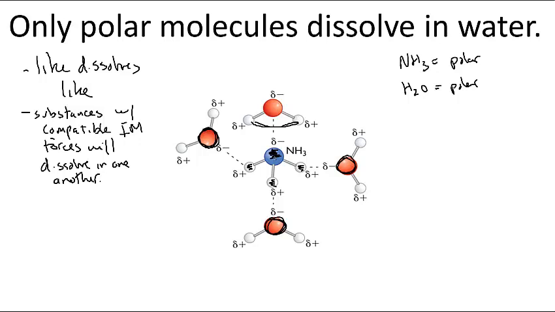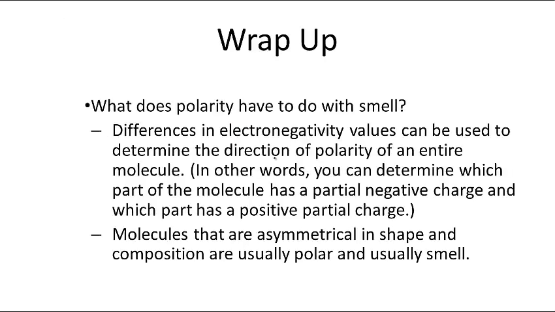So basically, the water molecules sort of surround the ammonia, and because they have partial charges, they have something to be attracted to. The water molecules can attract the ammonia because of the partial charges. Again, I forgot to take the smell part out of it.